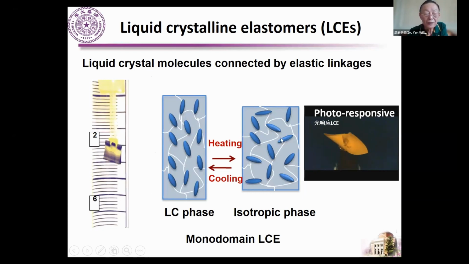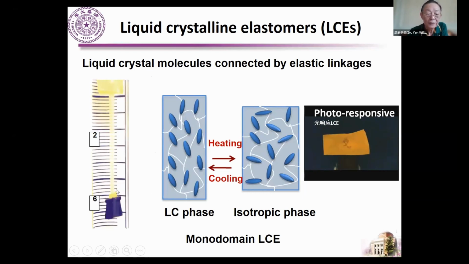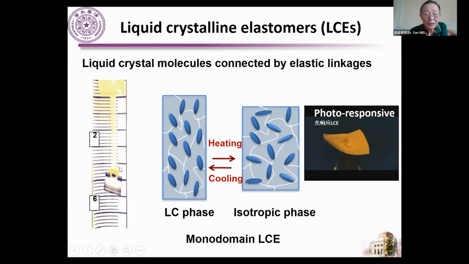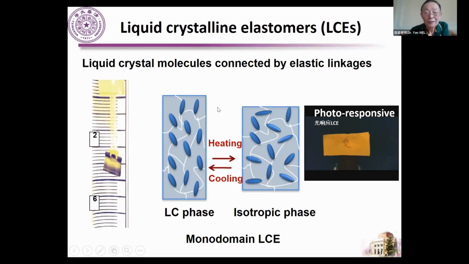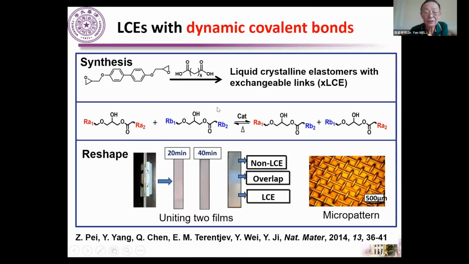You change it between these two states, and you can lift the weight. This change can be triggered by heat, thermally, or by light. That's the essence of the science, very simple. The synthesis is very simple as well. This is the liquid crystal unit, and then you just do epoxy ring-opening polymerization and you get the material.